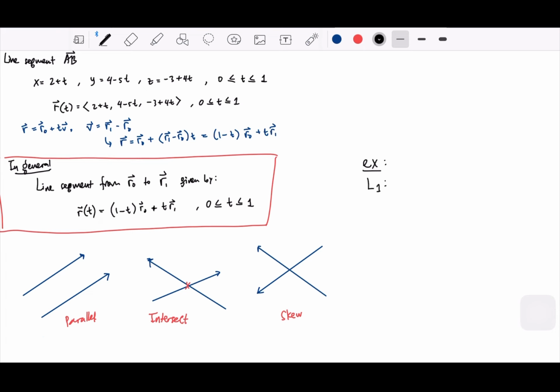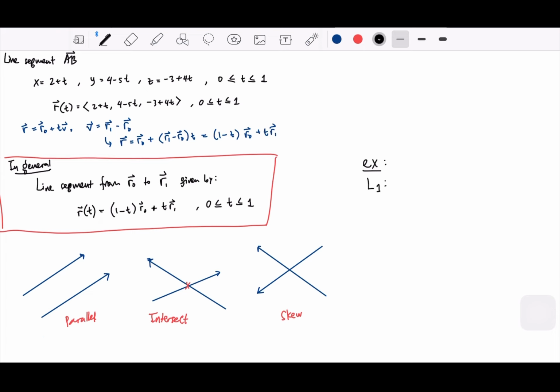Because V1 is not the same as V2, we know that this is not parallel. If line 1 and line 2 have a point of intersection, then the values of both parametric equations should be equal.